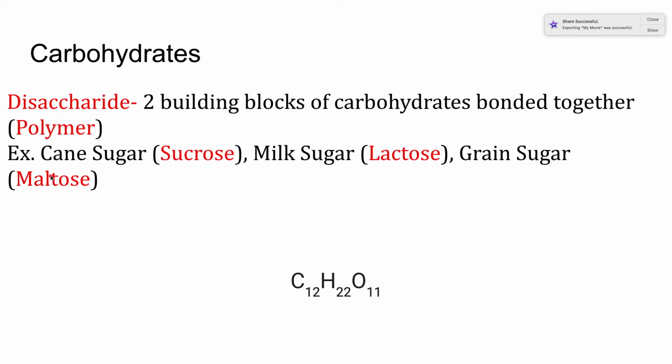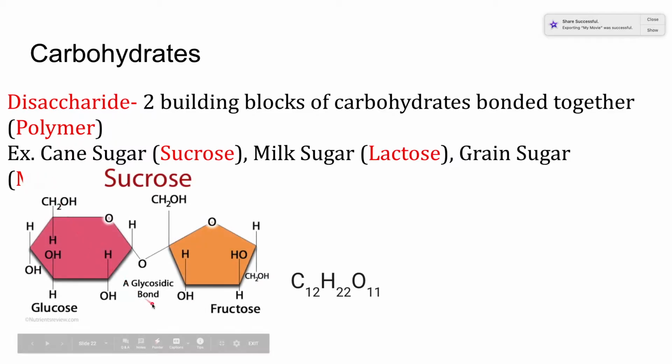And the reason is because these are made using dehydration synthesis. To synthesize a bigger thing by putting together 2 small things, or monosaccharides, you have to remove an H2O in order to do that. You have to remove a water from in between them. And when you do that, you subtract out 2 hydrogens and 1 oxygen.